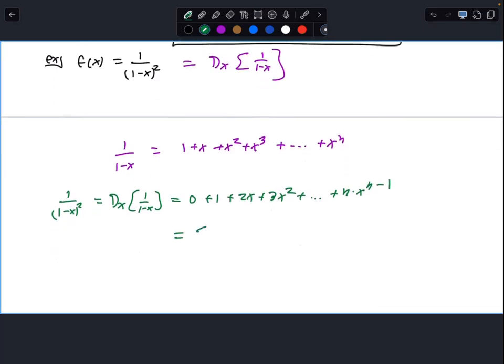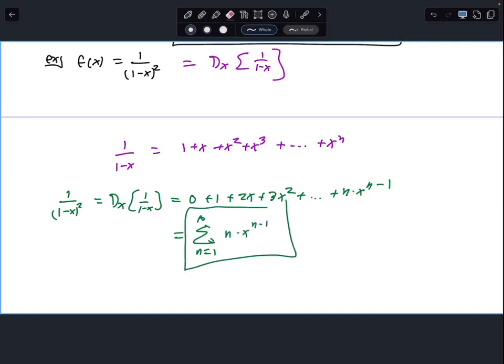Which is the same thing as the series from n equals, but it's not from n equals 0, because we took the derivative of the 0th term. So this series starts at n equals 1 to infinity of n times x to the n minus 1.